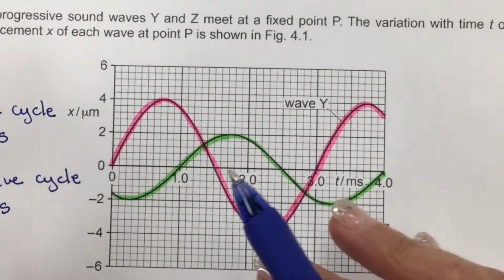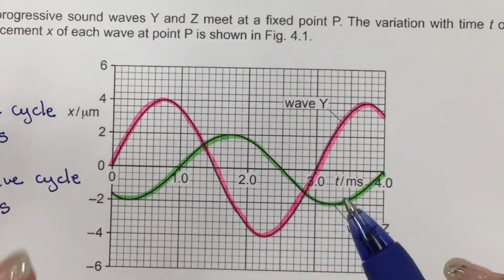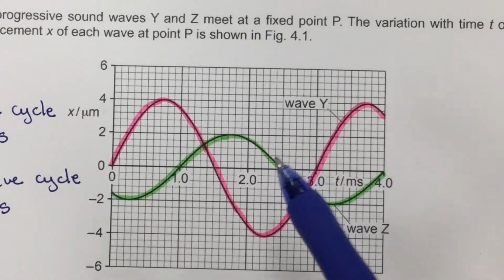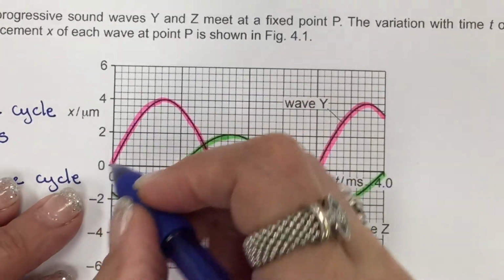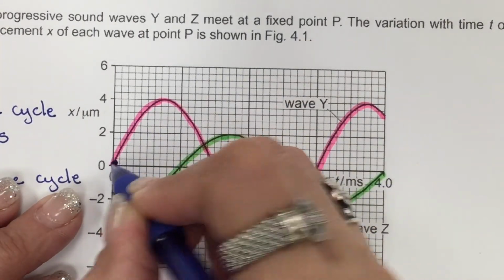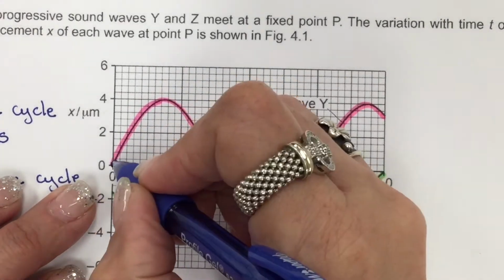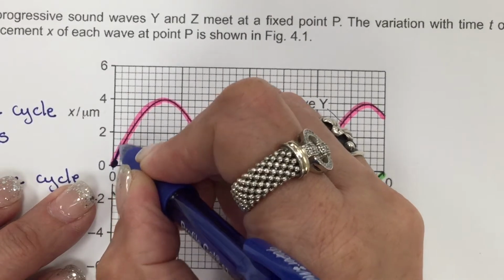To determine the difference between both waves, we need to find a point on the pink wave that is doing the same thing as a point on the green wave. In other words, if I pick one point right here, this point on this wave is going up.